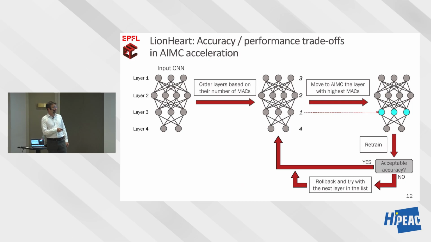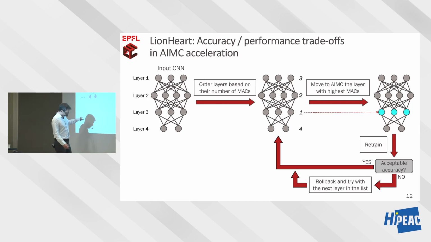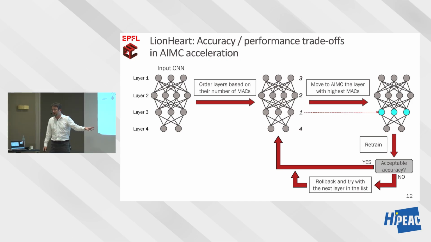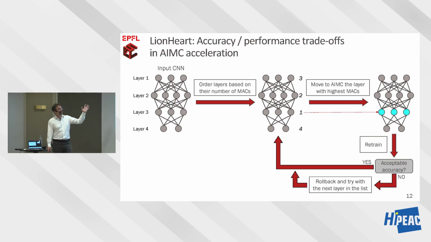In order to do it, we used an optimization flow, which is very similar to what I already showed you many times. So you take a layer, you transfer it to analog, you do some fine-tuning, see what is the effect of its implementation in analog, and you decide if you want to accept the optimization move or not.